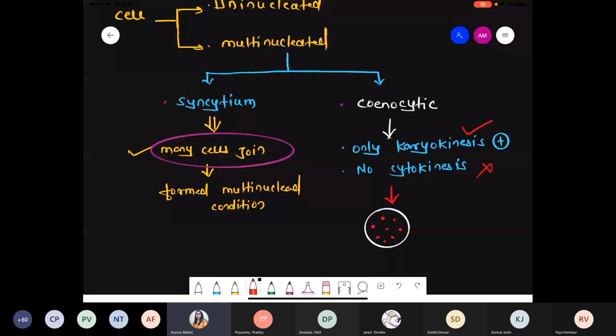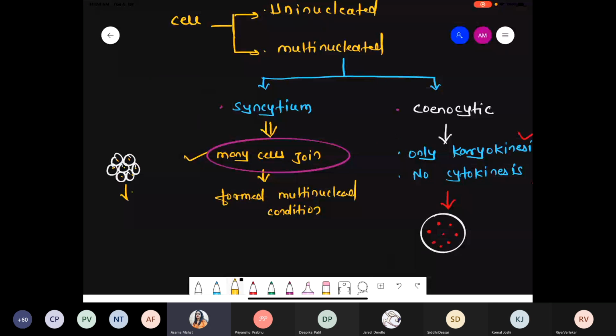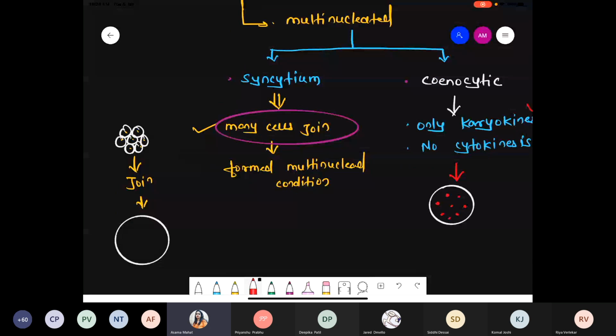So during the cell division they can naturally form, or many cells get joined, form a common boundary and finally become multinucleated. Suppose like these are one cell, another cell, third cell, fourth cell, fifth cell. Each and every cell has a nucleus. Eventually they get joined, and after the joining, they form a common cell, and inside the cell many nuclei are present like this.